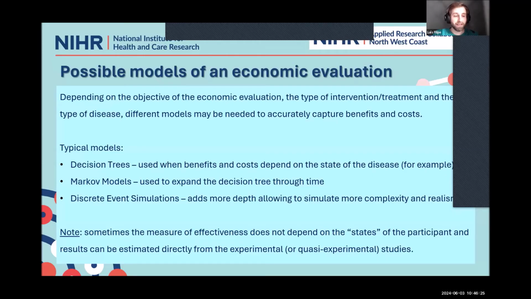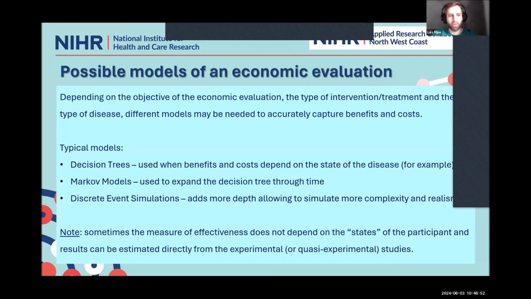And then finally, Markov models have some limitations. Sometimes they will not work if the processes are too complex. If, for instance, this is a little bit technical, but if you need a little bit of memory, you need to understand that some people went through something and now they have different probabilities of something, you use discrete event simulations, okay?